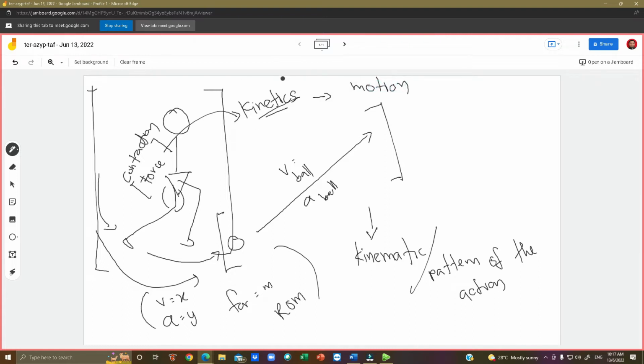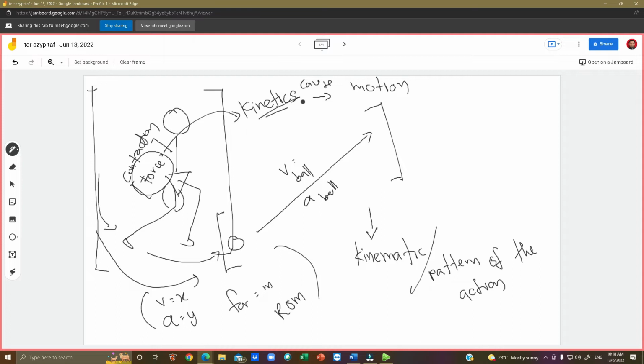So, a branch of biomechanics which deals a lot with kinetics is a branch that deals with the cause of motion. Cause dia. Jadi apa cause of motion? Force. Okay, so when we describe all of those properties of force, this is a sub-branch of biomechanics known as kinetics.